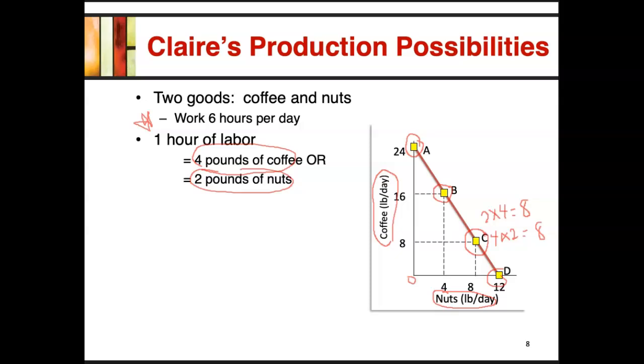Our country in this case is Microland, and since Claire is the only worker in Microland, technically this is the production possibilities curve for Microland. Every country has a production possibilities curve. Of course, we can extend this to multiple goods and services, but just to make things simple, we extend it to just 2 goods.